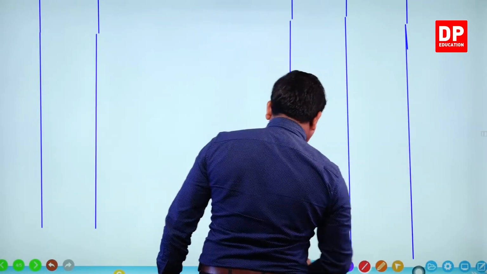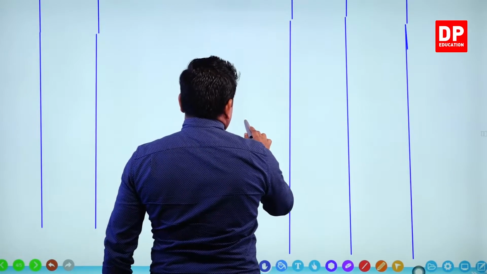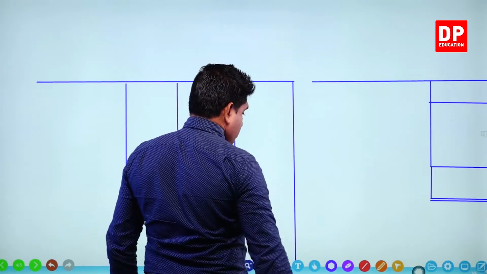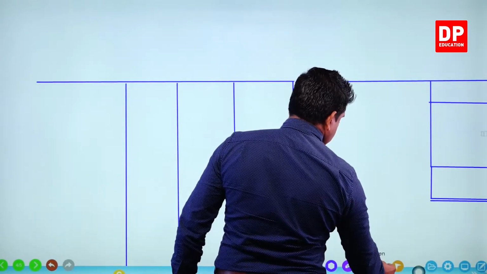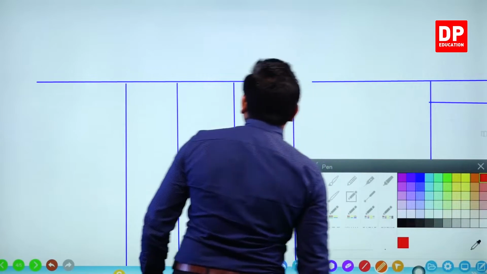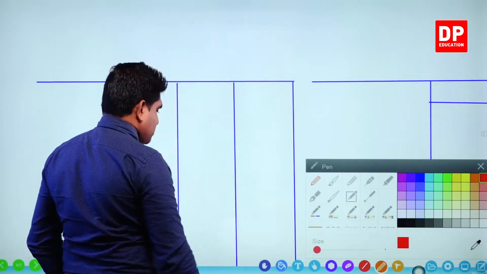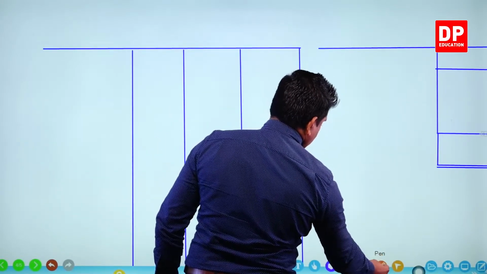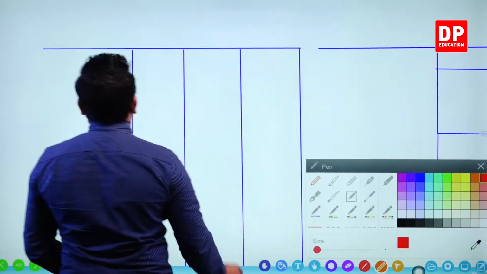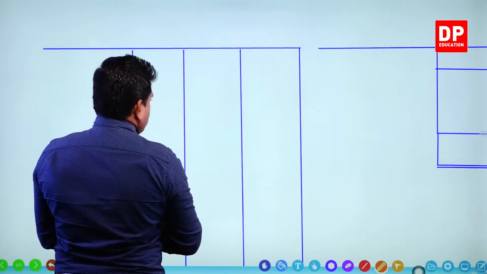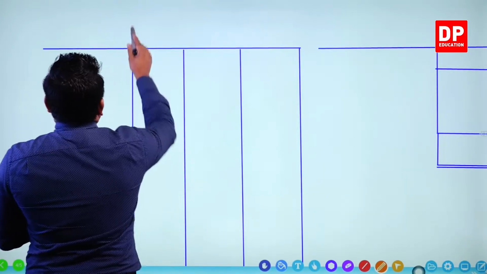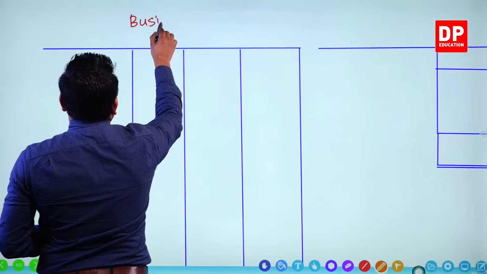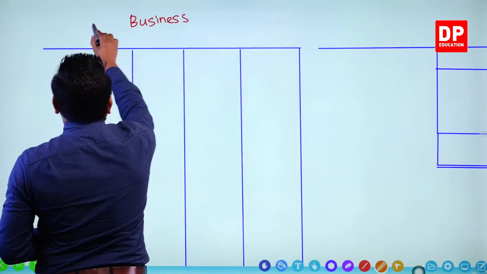Okay, now we can classify. On the top, we write the name of the business, the time period, and the name of the account, right? The business name is not given, so you give a space. Why?